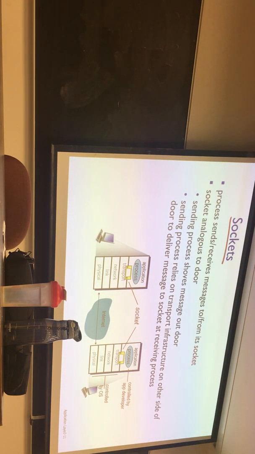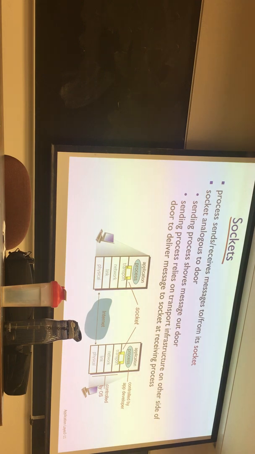Okay, now we're going to get into the next concept, sockets. As we mentioned last time, in the Internet protocol, every device in the net is identified by a unique identifier called an IP address. The communication actually happens between two processes, and a host can have multiple processes running on it.